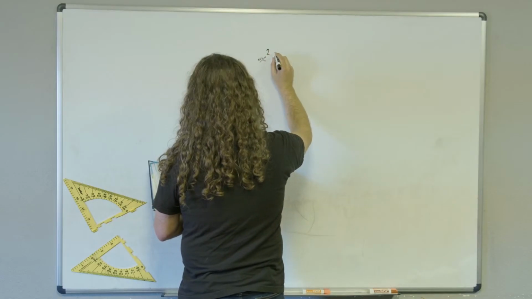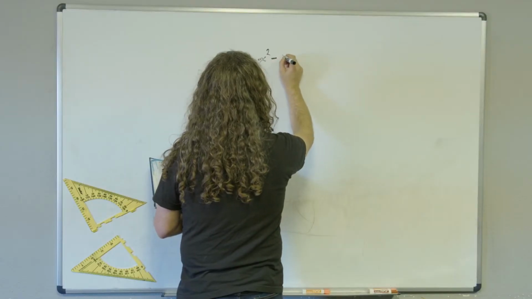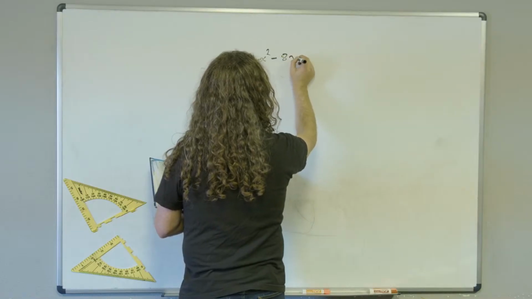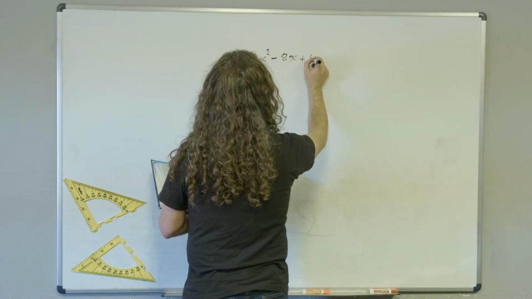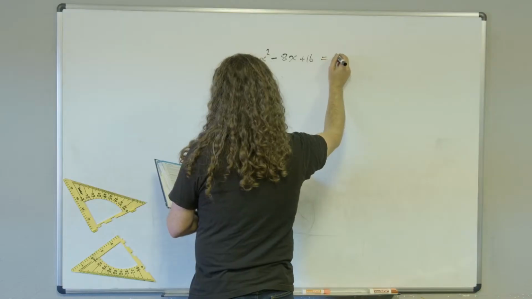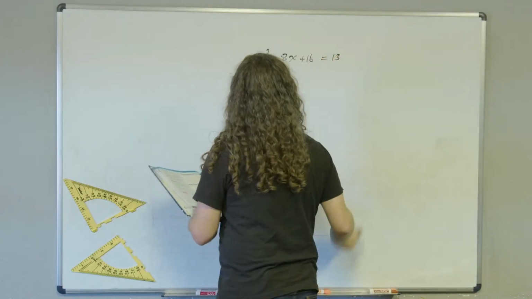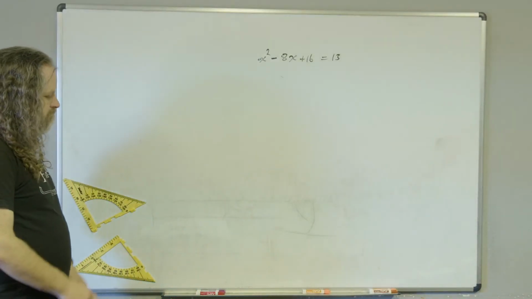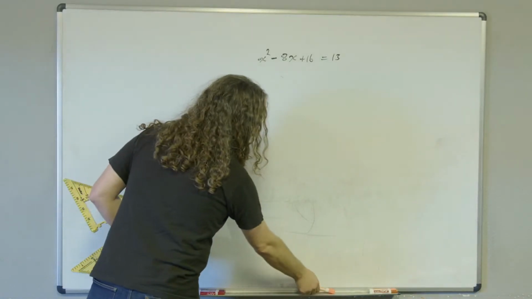Number 2 is a problem that we're going to ignore the instructions and just use completing the square. How does that sound? Okay, so what should we do? Subtract 16. It's a good first step.